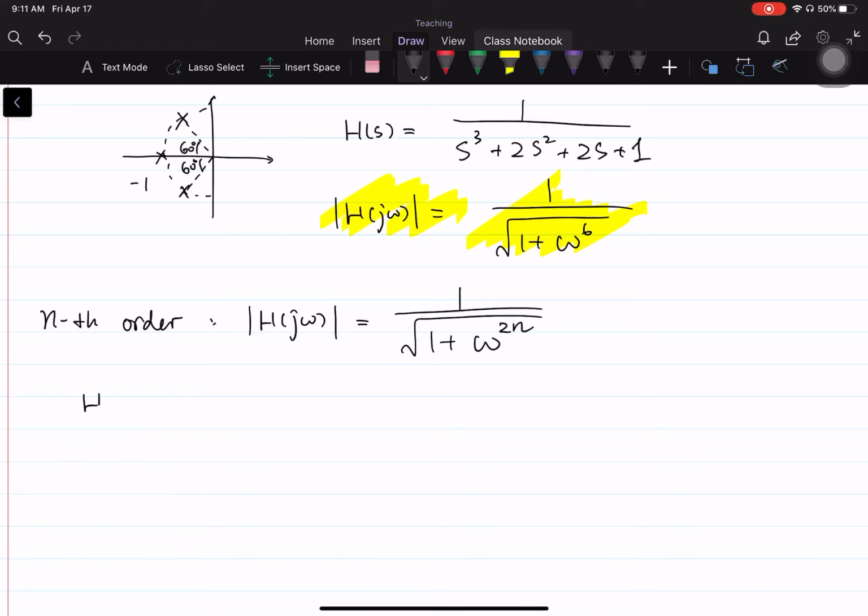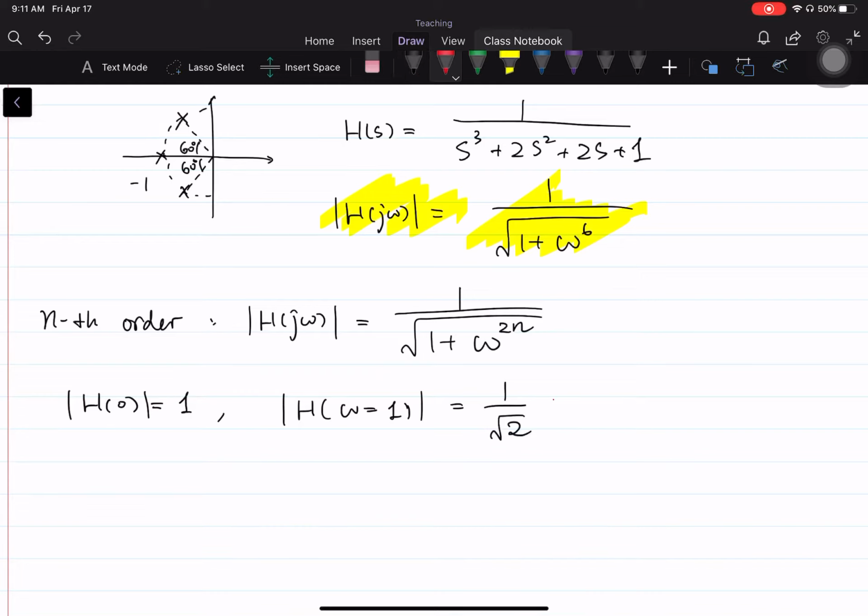For any scenario, H of 0 is equal to 1. And H of j omega, for omega equal to 1, is always equal to 1 over square root of 2. And this is what we discussed earlier.